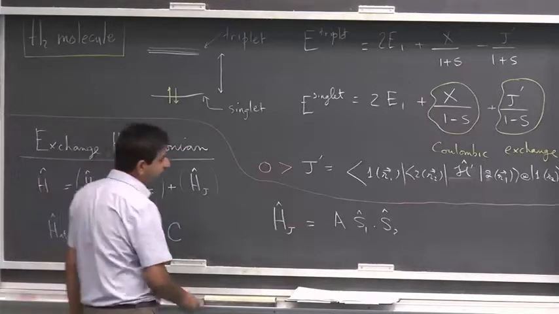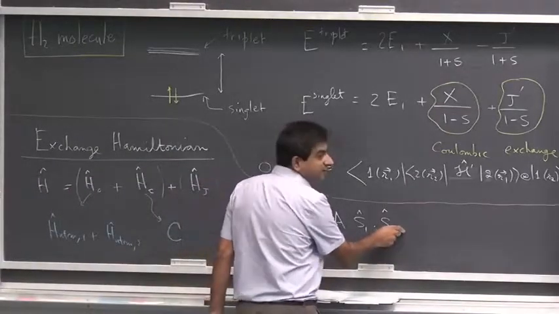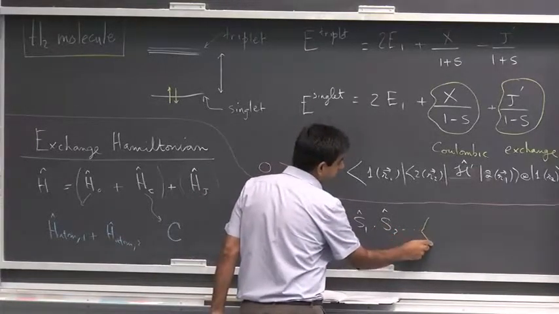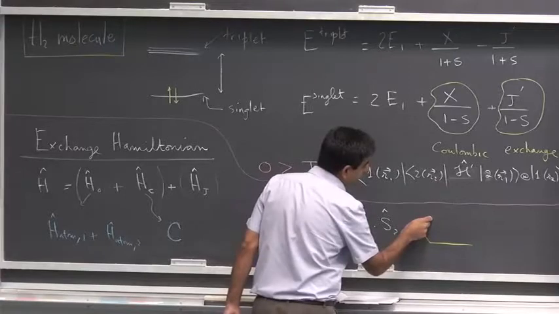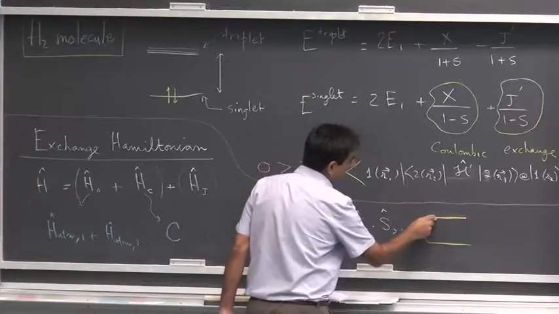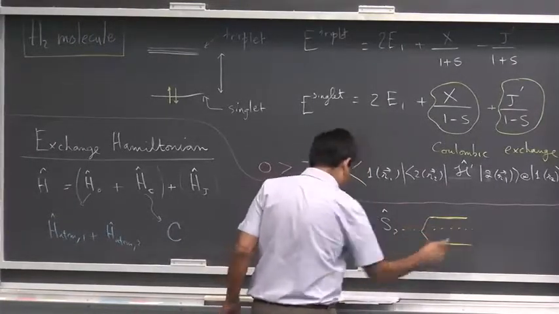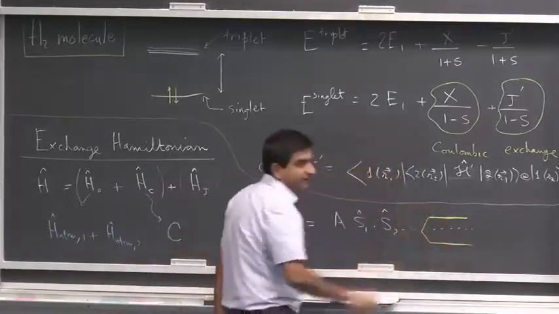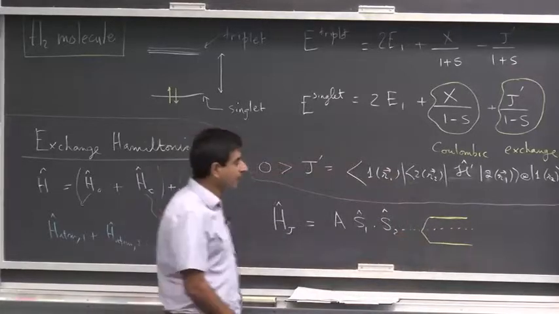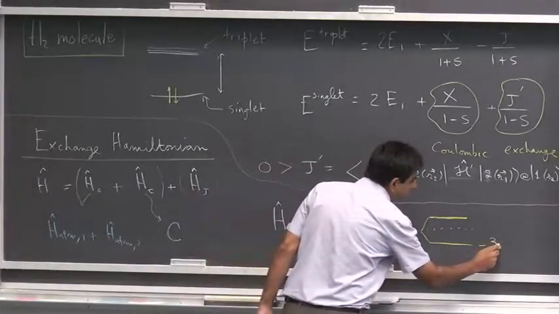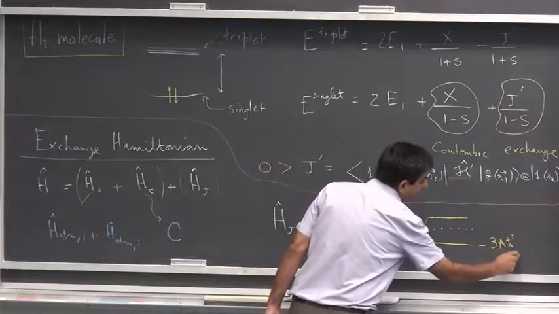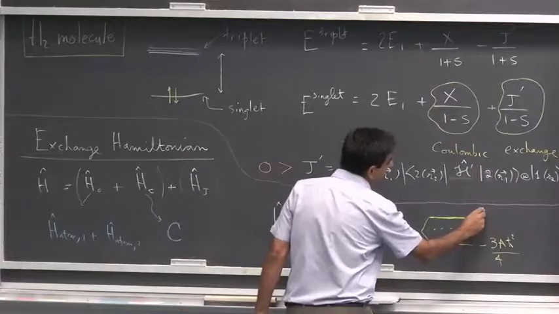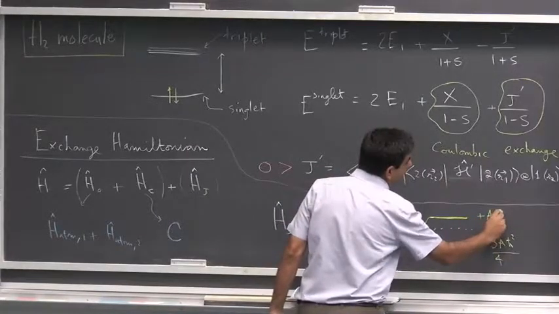And we determined the eigenvalues for the system. When we solved this system, we found that the singlet state had energy minus 3A h bar squared by 4, and the triplet state had an energy plus A h bar squared by 4.